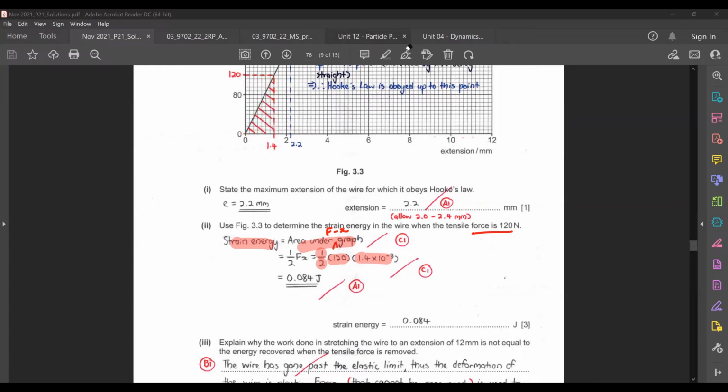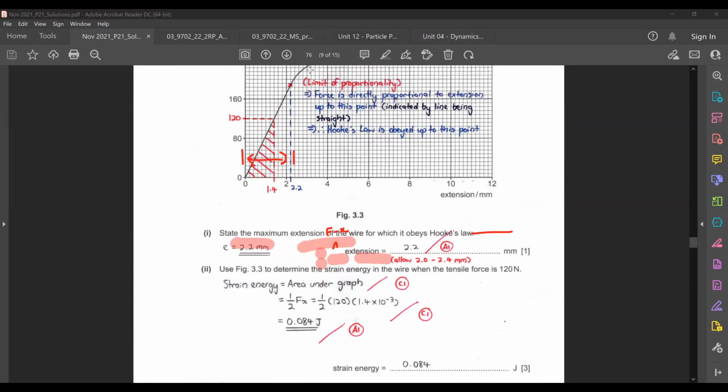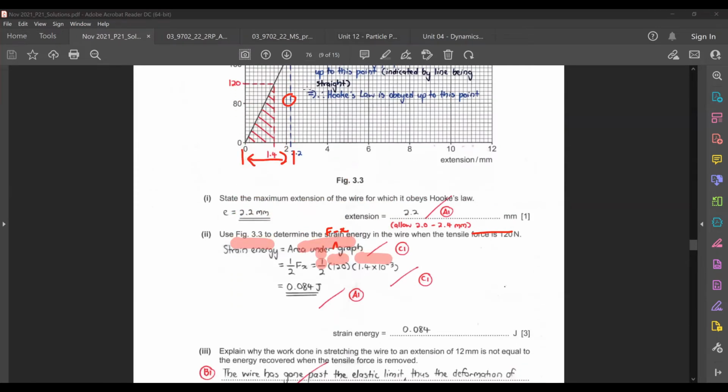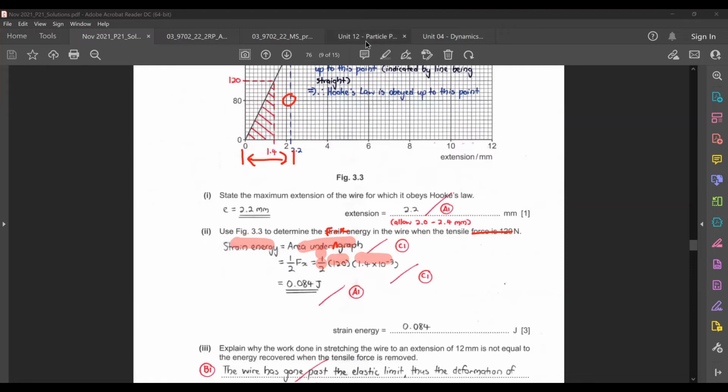There's something else you could probably add from the graph previously. You could probably just draw this one if you wanted to in your graph. Just like I mentioned to you that your limit of proportionality is up to here, right? You can try to indicate on your graph something like this.